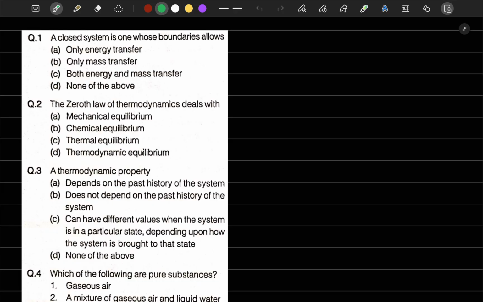Question number 1 is: a closed system is one whose boundaries allow... You should remember that we have discussed three types of systems. First one is closed, second one is open, and third one is isolated.